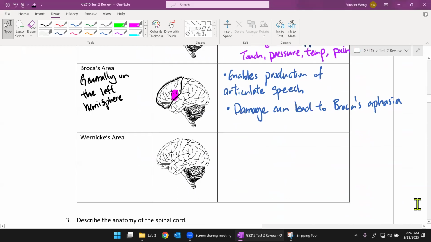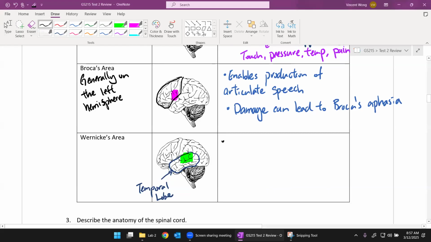Next, we have the Wernicke area. Wernicke area is going to be part of the temporal lobe right here, and you will find it over there.